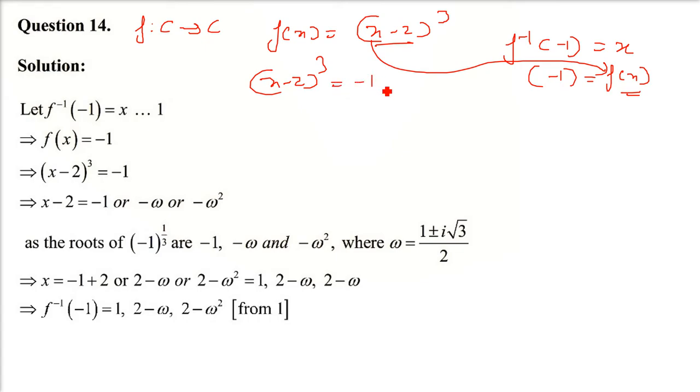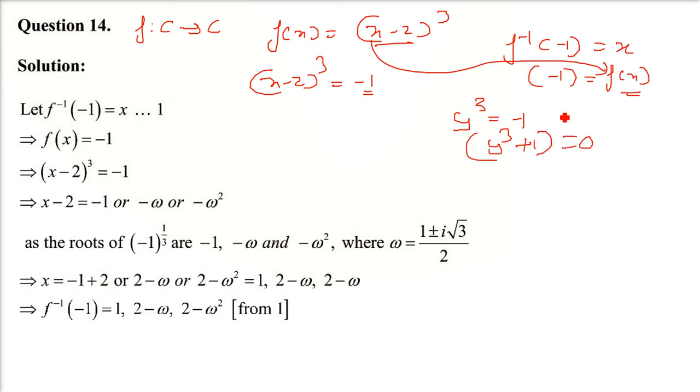Okay. Now, what do you see? We have already done this in a previous question. This is y cube equals minus 1, a solution of the kind x cube plus 1 cube equals 0. I'll just take you back and show you. This x minus 2, if you take it as some variable, say y, then y cube equals minus 1, which is simply y cube plus 1 cube equals 0.